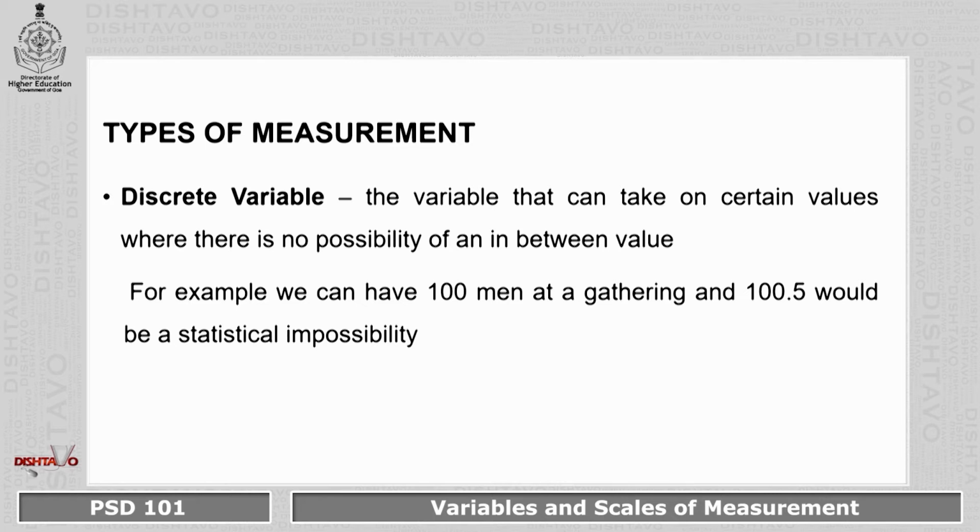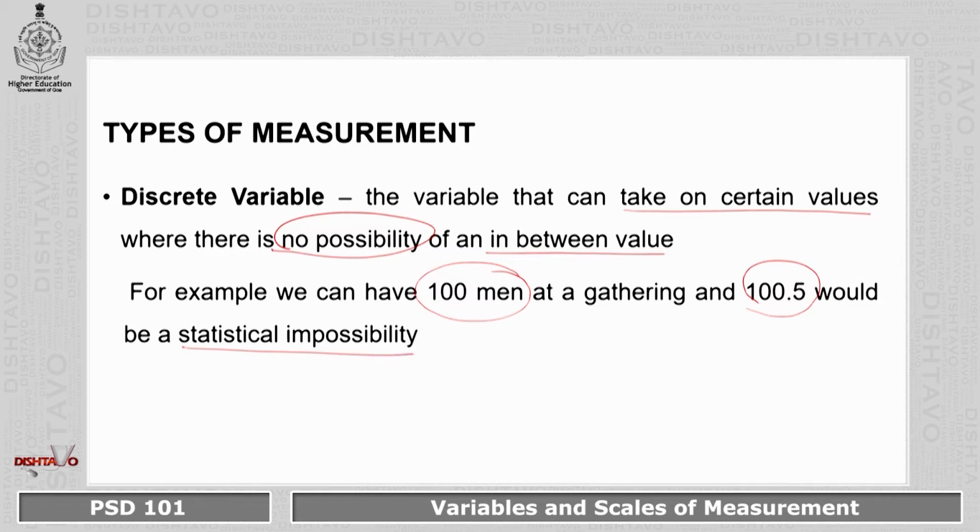A discrete variable is a variable that takes on certain values and there is no possibility of an in-between value. An example would be a party where there are 100 men present. I can say that there are 100 men present, but saying that there are 100.5 men would be a statistical impossibility.